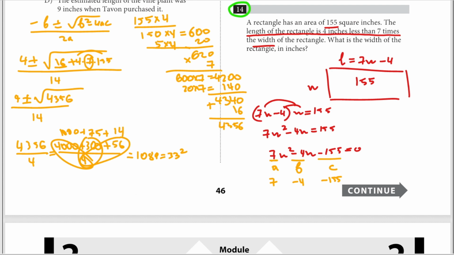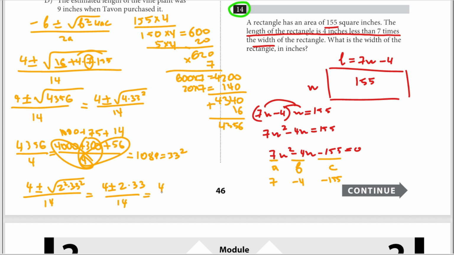So this, therefore, is equal to 4 plus or minus the square root of 4 times 33 squared over 14, or 4 plus or minus 2 squared times 33 squared all over 14, or 4 plus or minus, expanding the square root, 2 times 33 over 14, or 4 plus or minus 66 over 14.